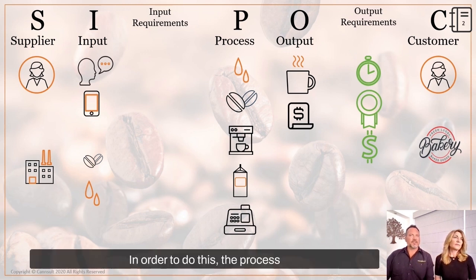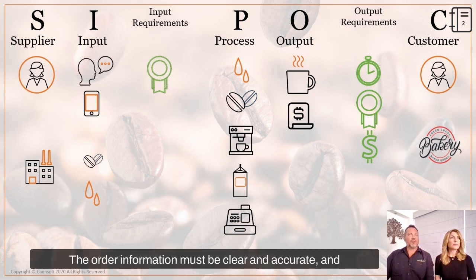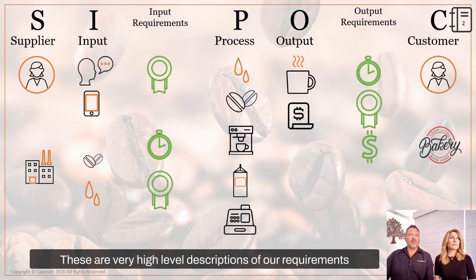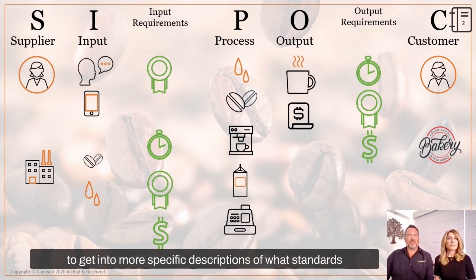In order to do this, the process needs to start with good inputs. The order information must be clear and accurate, and our beans and water must be delivered on time at a good quality and a good value. These are very high-level descriptions of our requirements, and many times the team will start out at this high level of understanding, and then we work to get into more specific descriptions of what standards actually need to be met.